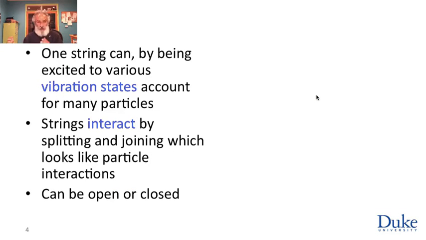Why? Well, one idea is that a string has a tension, just like the string between quarks. It's a constant tension. Its length determines its rest energy. But a string is never at rest. It's always wiggling, and there's energy in its vibrational motion. And so a given string, by being excited to different degrees in different modes of its vibrational motion, can describe all manner of particles with all kinds of masses, because the wiggling energy of a string is the energy of the string in its rest frame where it's not going anywhere.